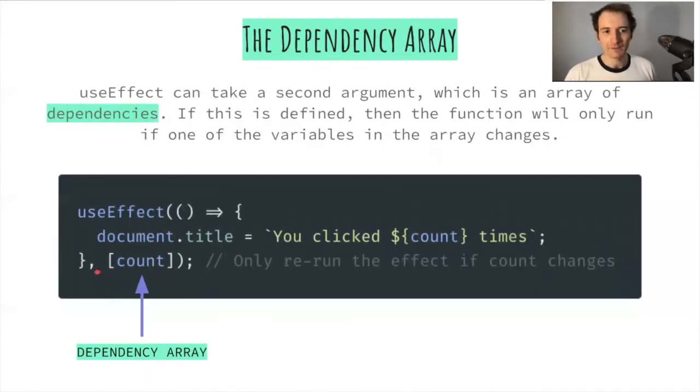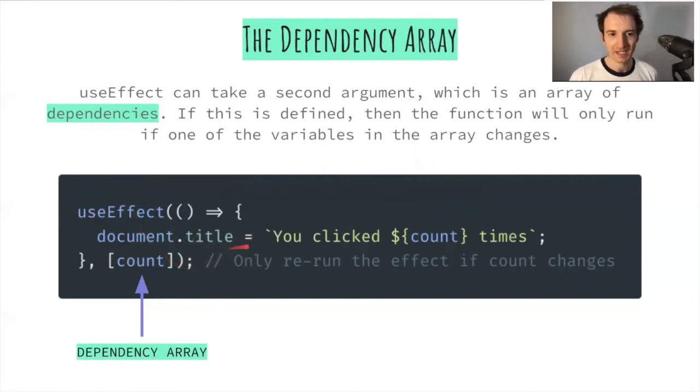But then we can give it a second argument as well. And if there's a second argument, then this useEffect function will run the first time, so it always runs the first time, and then any time that something in this dependency array changes. So it's not running every time the component re-renders. It's just running every time one of these variables change.